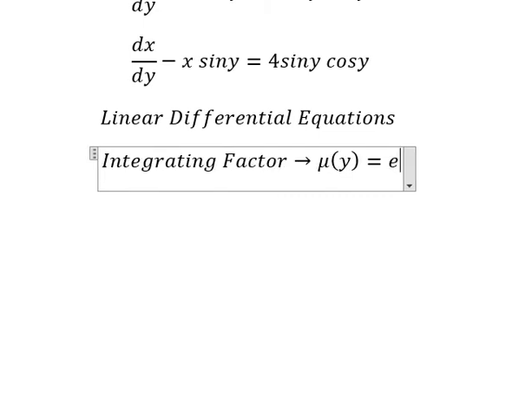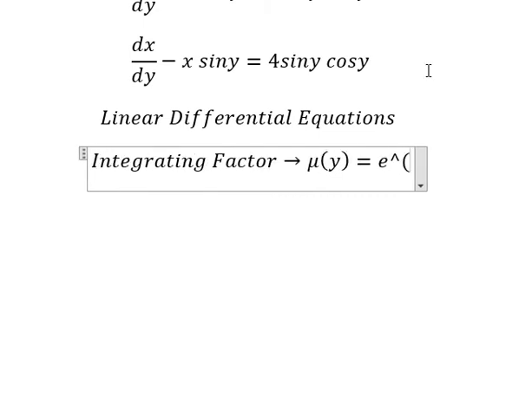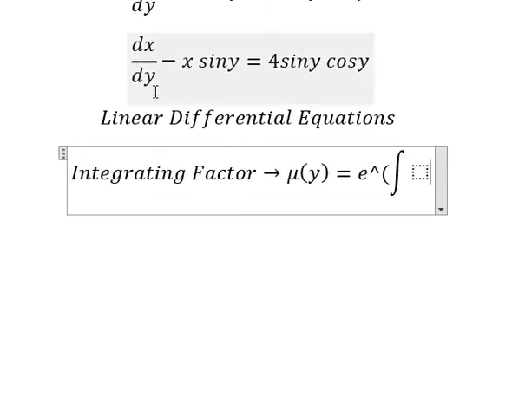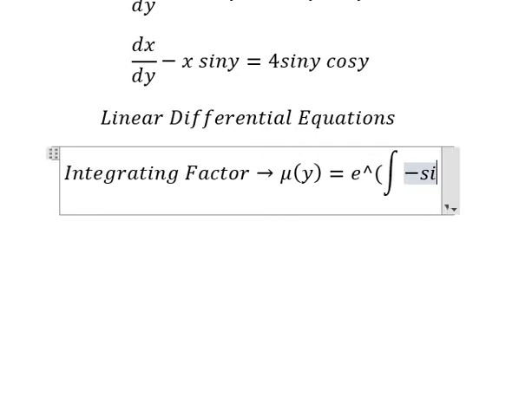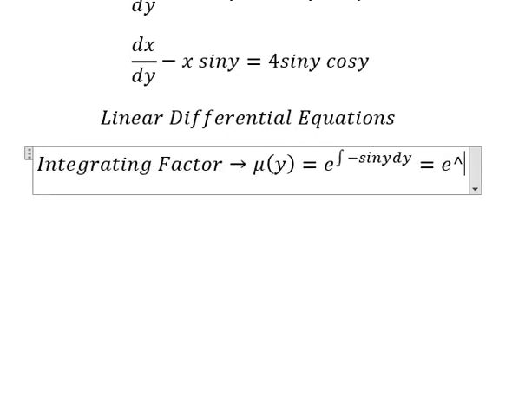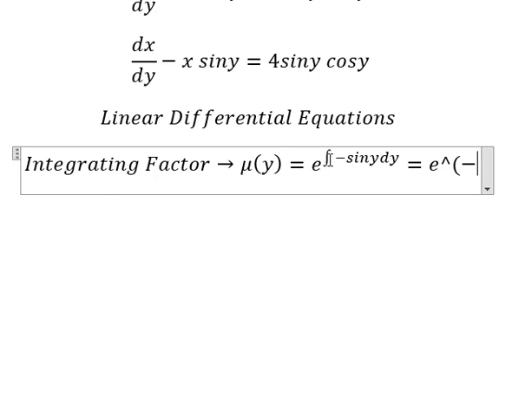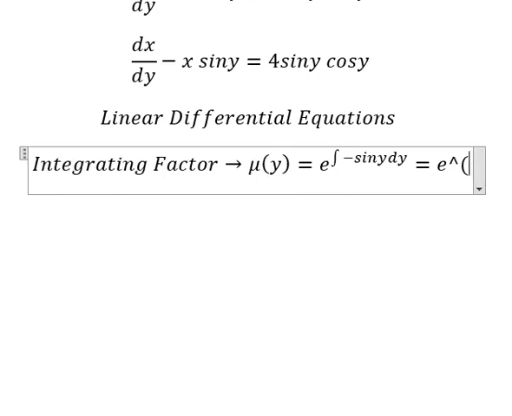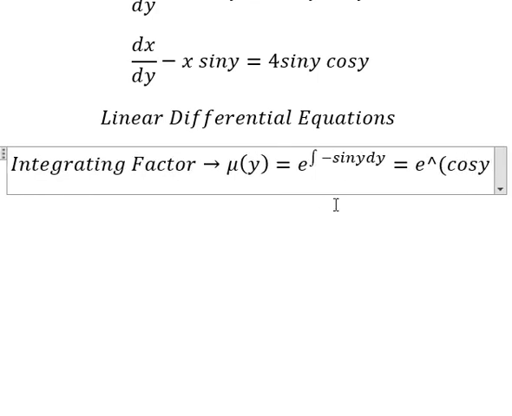So we have e to the power of the integral. We see that negative sine y next to s is for the integrating factor. The integral of negative sine y, we have positive cosine y.